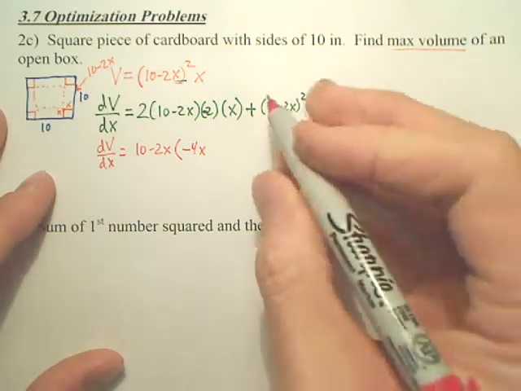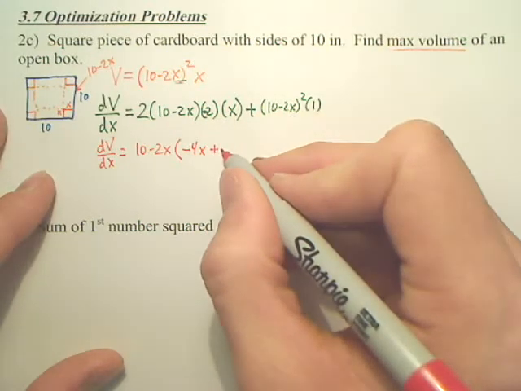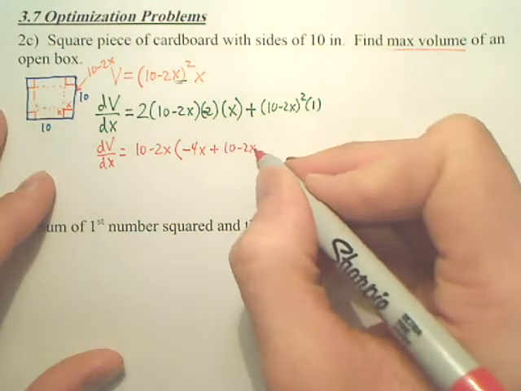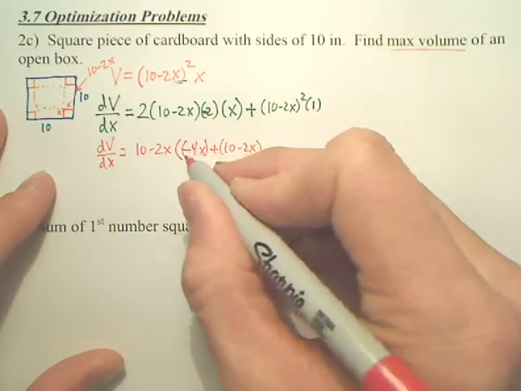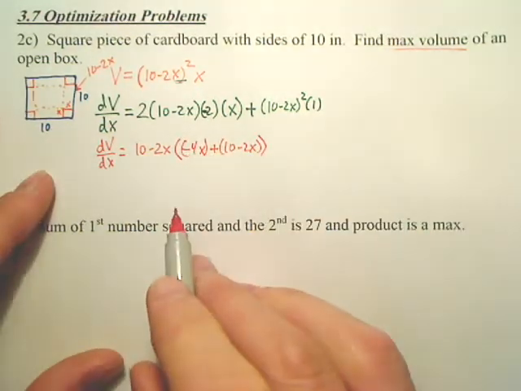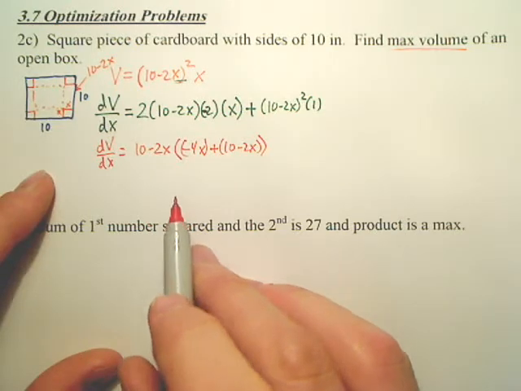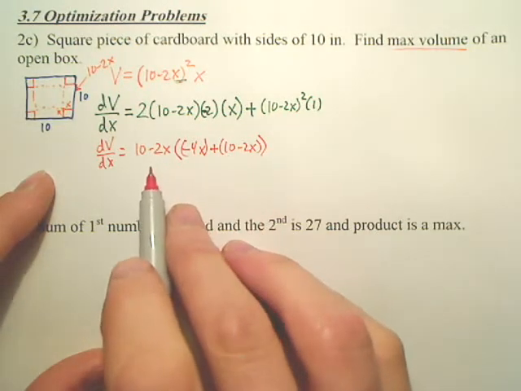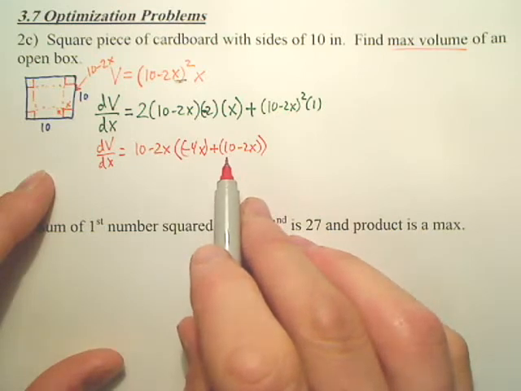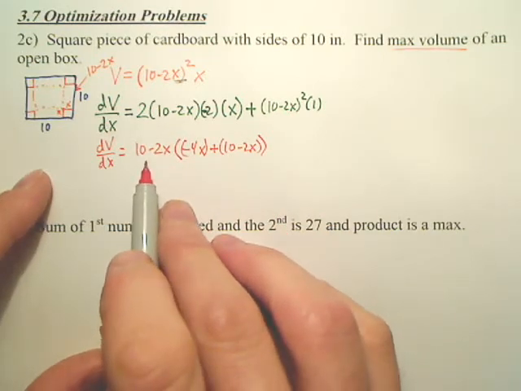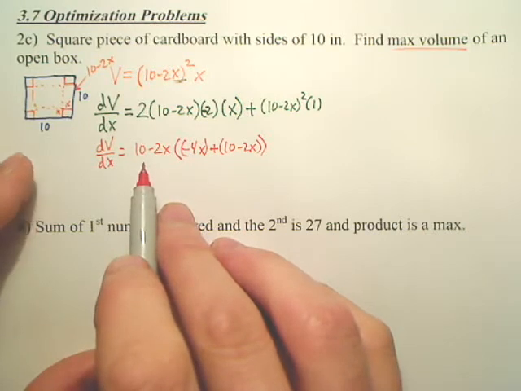And here, doesn't that leave us with a 10 minus 2x? Is that a lot easier than doing a whole bunch of FOIL? Because aren't we going to do zero product property? Aren't we going to be setting this equal to 0? So isn't it easier to pull out the GCF because you need that anyways later?